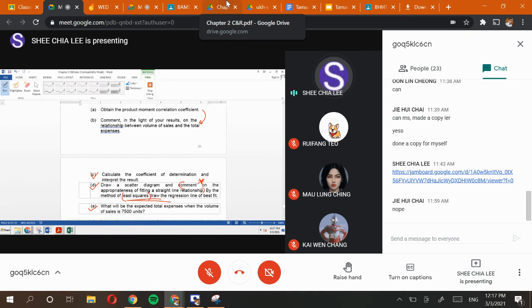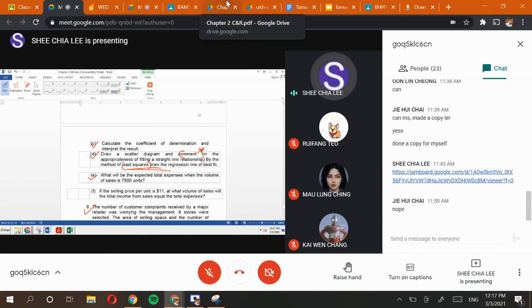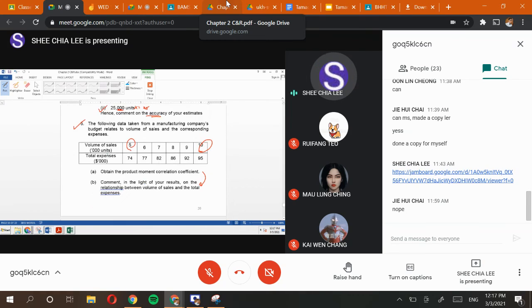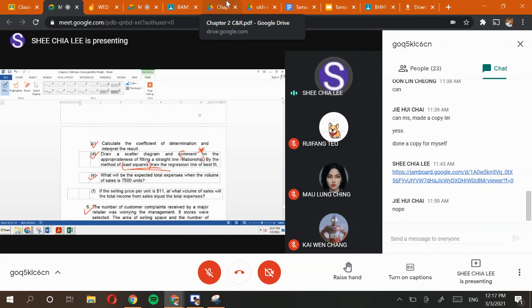Meaning you have to first come up with your equation y equals to a plus bx. Then you are able to draw a straight line on the scatter diagram. And the question asks, what will be the expected total expenses when the volume of sales is 7,500 units? The volume is in thousand, so you substitute 7.5 as your x.